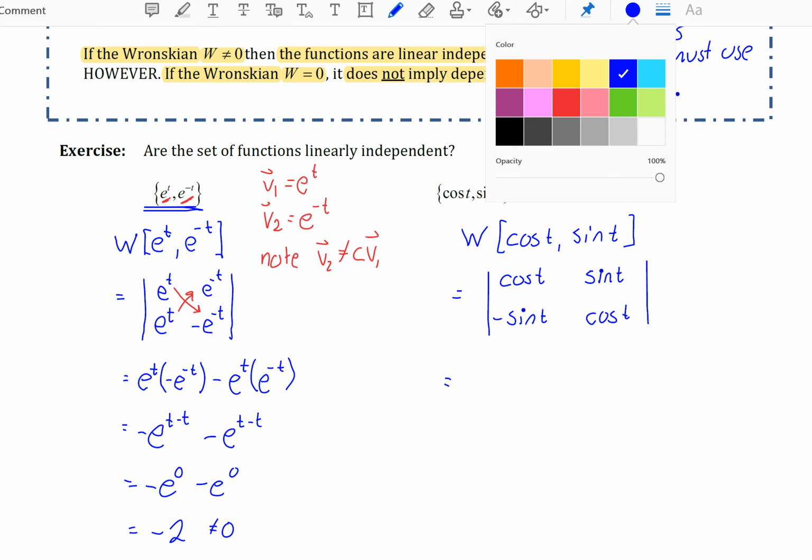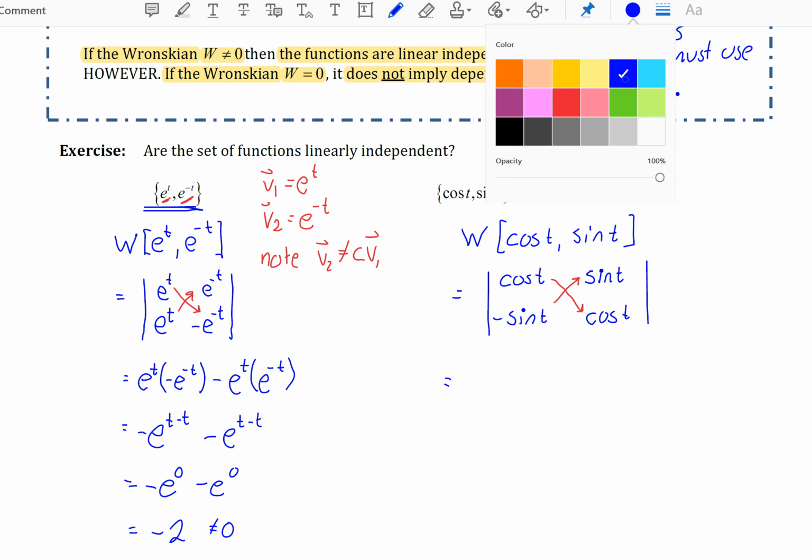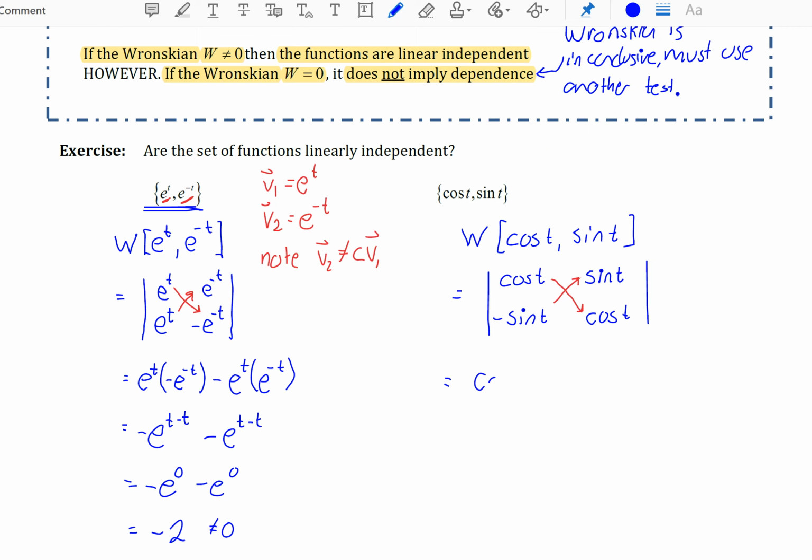Because it's a determinant of a 2 by 2 matrix, we take the determinant by looking at the product of the main diagonal minus the product of the off diagonal. So here cosine times cosine would be cosine squared of t, minus the off diagonal, which is negative sine squared of t, which is the same as cosine squared of t plus sine squared of t, which we know is 1 by our Pythagorean identity.